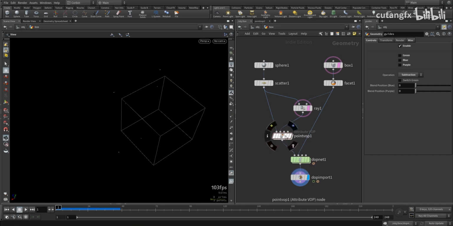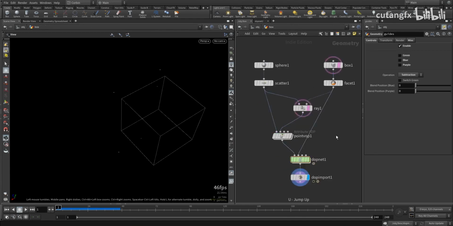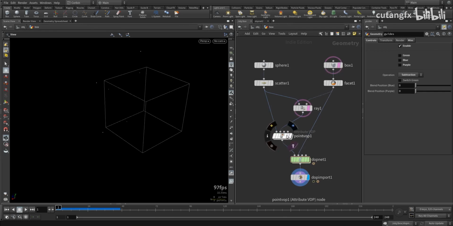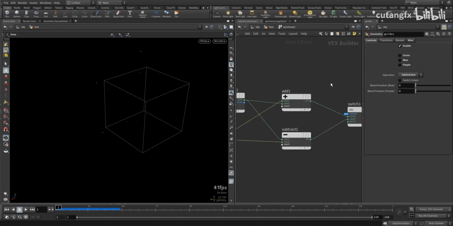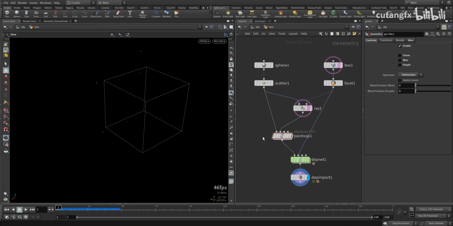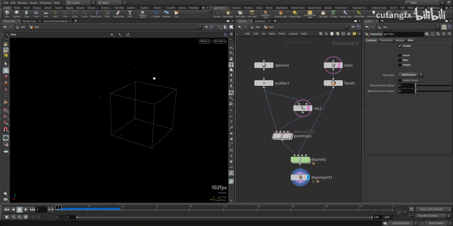And I'm feeding these particles into a very simple pop simulation, which has the original box as a collider, and it has that vector that we're creating in here through either addition or subtraction as the point velocity, which means these particles are going to move in the direction of the vector that we feed it.